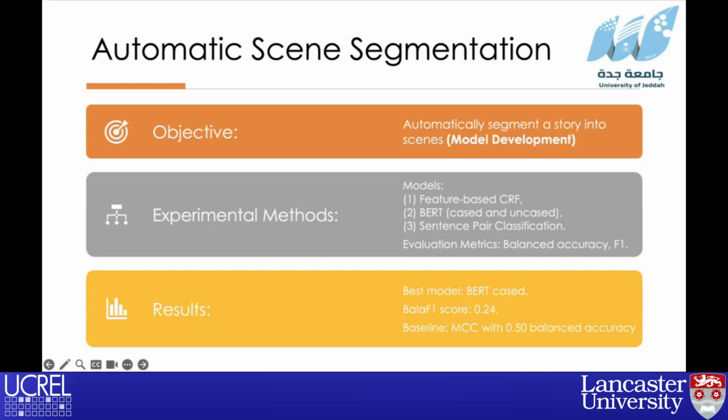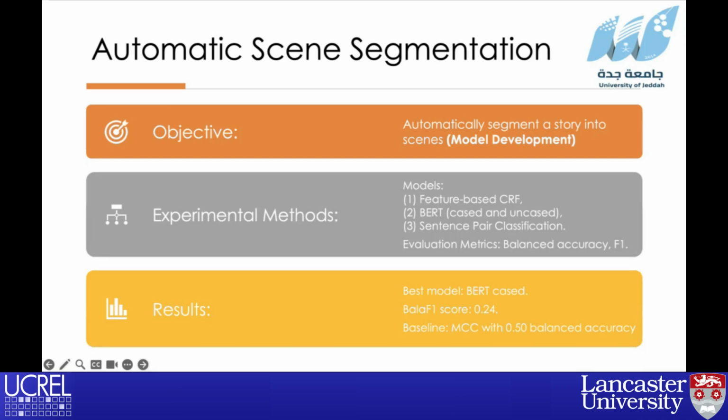We give the model the sentence to be classified, and we concatenated the 2 preceding sentences and the 2 following sentences with it, to capture as much context as we can.